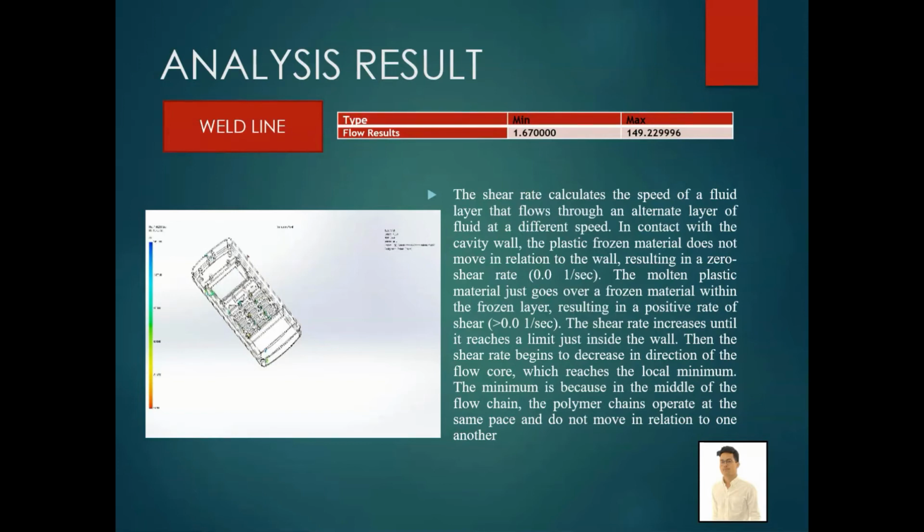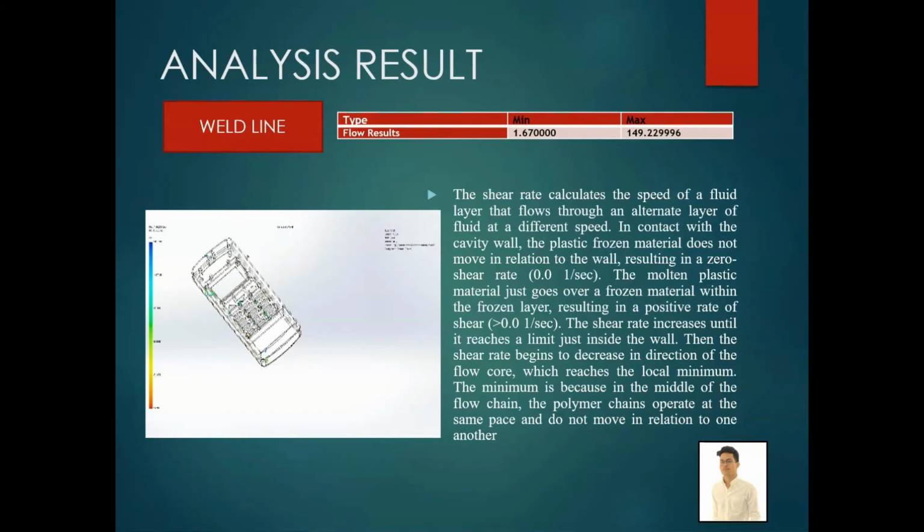The weld line is the shear rate, which calculates the speed of a fluid layer that flows through an alternate layer of fluid at a different speed in contact with the cavity wall. The frozen plastic material does not move in relation to the wall, resulting in a zero shear rate at 0.01 per second. The molten plastic material just goes over the frozen material within the frozen layer, resulting in a positive rate of shear below 0.01 per second.